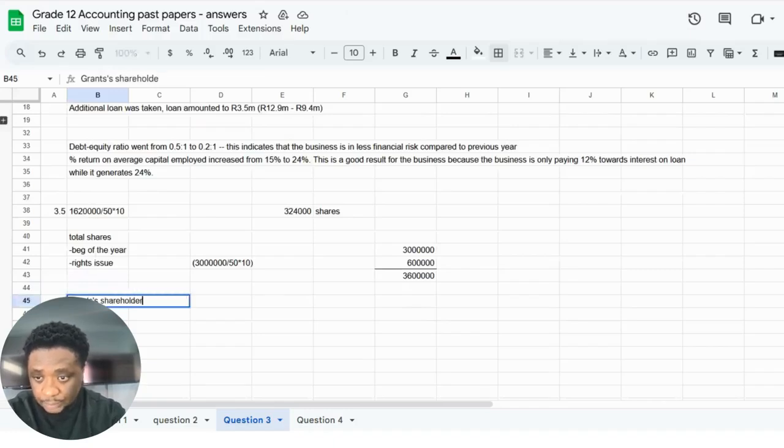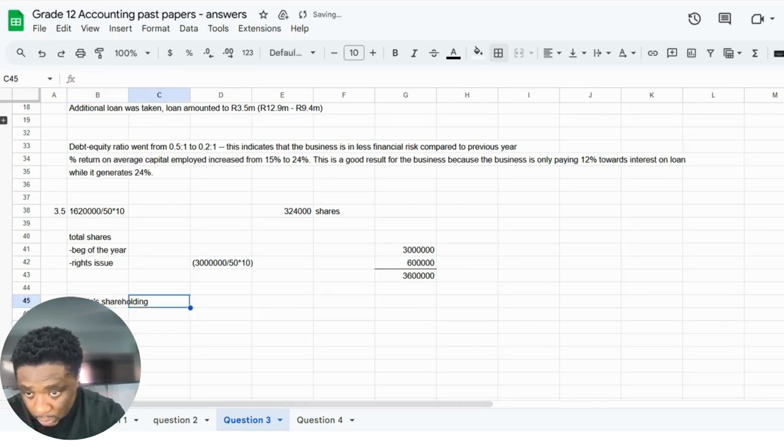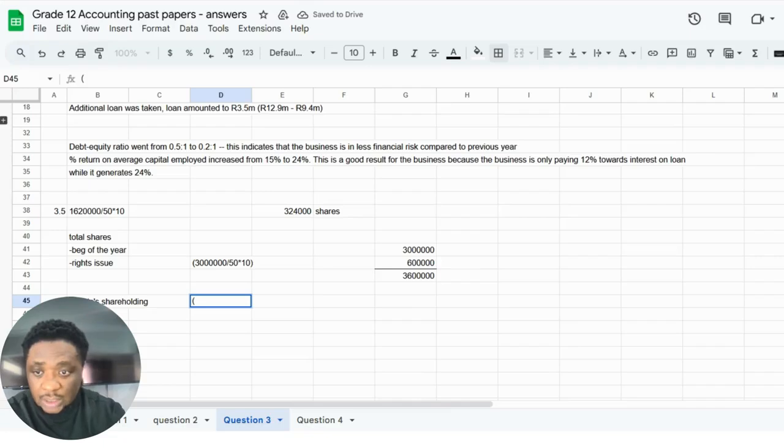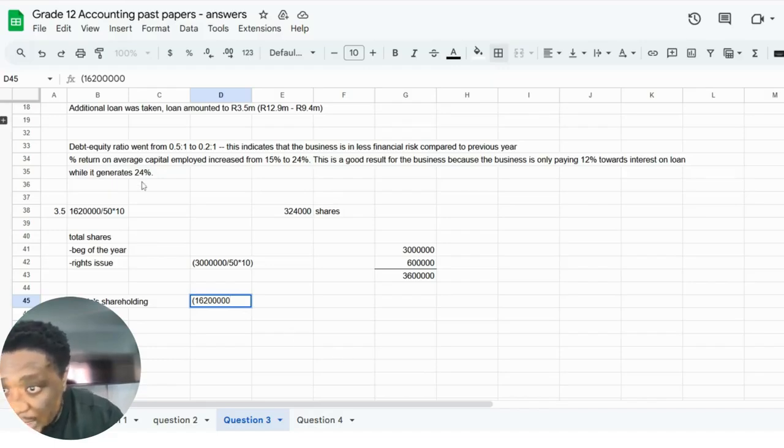Then Grant's shareholding. At the start he owned 1,620,000 shares, let me just make sure that's right.